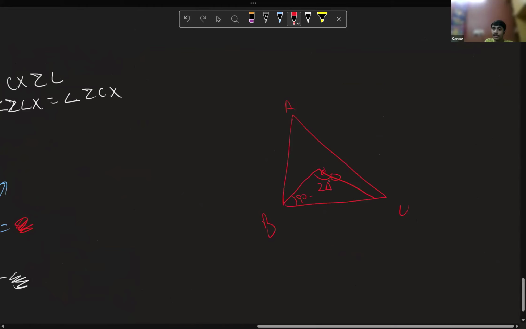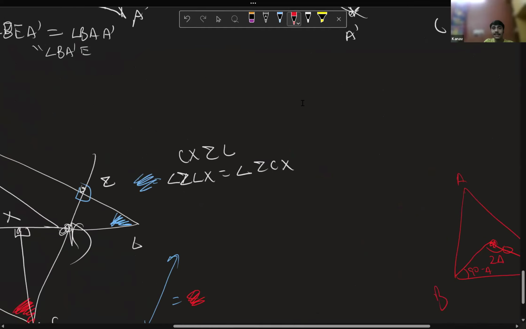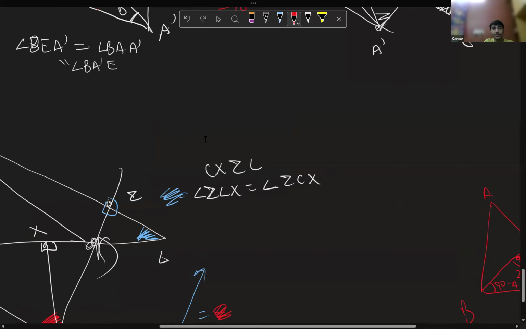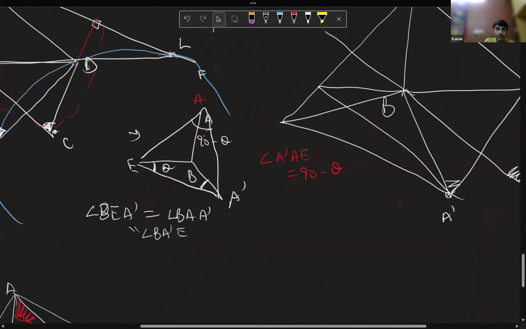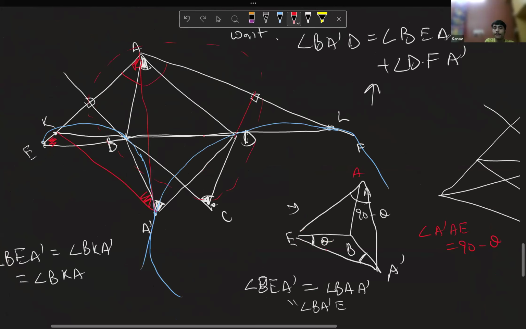So this angle is 90 minus A. Can you show the diagram again? I could not see the center. The center is B. Look here. We have BA, BE, BA prime. Oh, okay, now I got it.